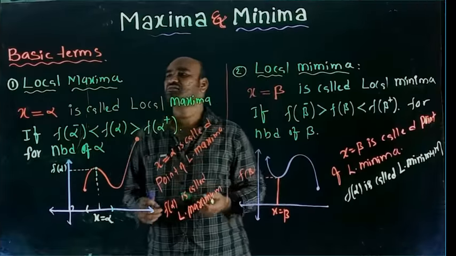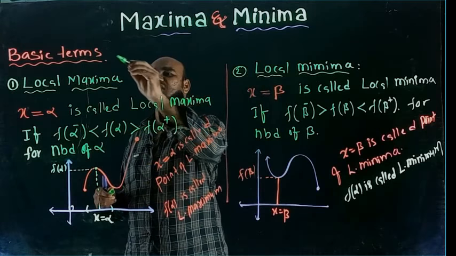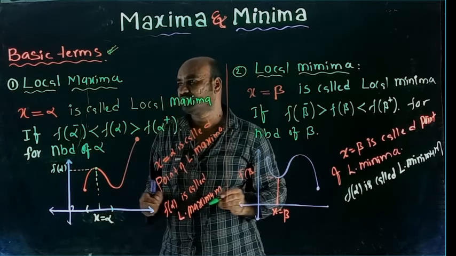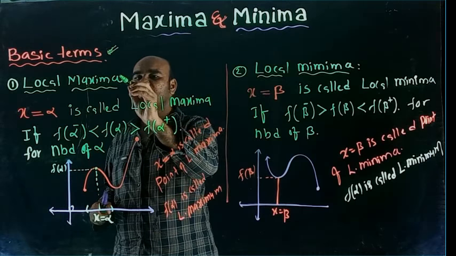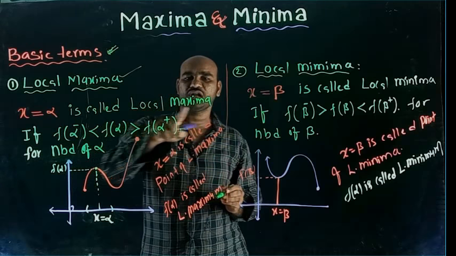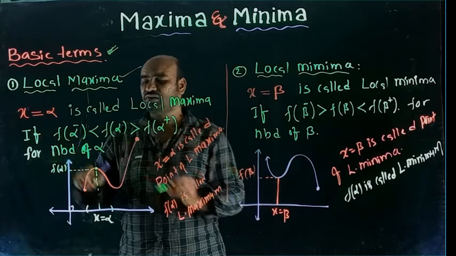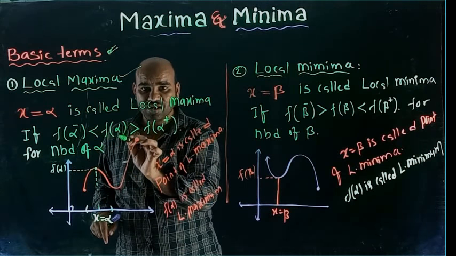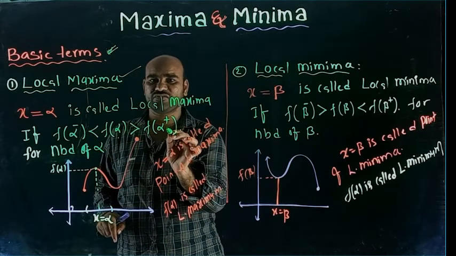Okay, students. So, basic terms of this chapter, just we discussed. Local maxima. X equal to alpha is called local maxima if f of alpha minus is less than f of alpha, which is greater than f of alpha plus.